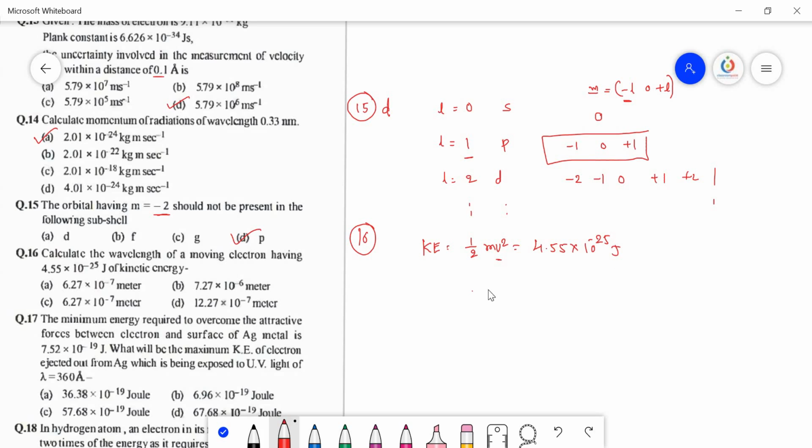So v square equals 2 into 4.55 into 10 power minus 25 divided by the mass of the electron, 9.108 into 10 power minus 31 kg. Here the velocity v we will get is 10 power 3 meters per second.